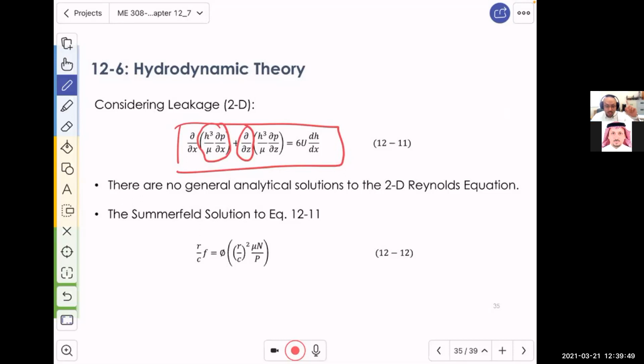Just to tell you that the guy that we talked about before, Sommerfeld, actually his equation was a derivative. This relation is amazing because it's a general form.